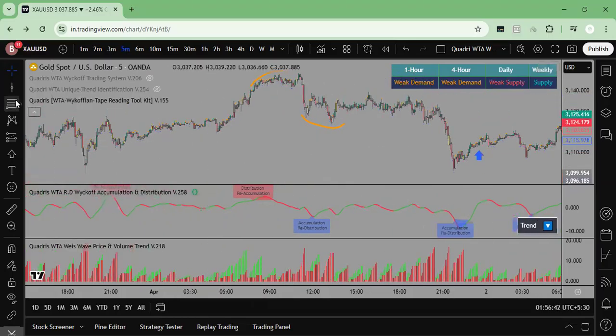For example, after these two trades, I got this solution, but I haven't got my trading opportunity, because I normally look for a green candle with a green triangle for a buying opportunity and a red candle with a red triangle facing downwards for a selling opportunity. I haven't got that.